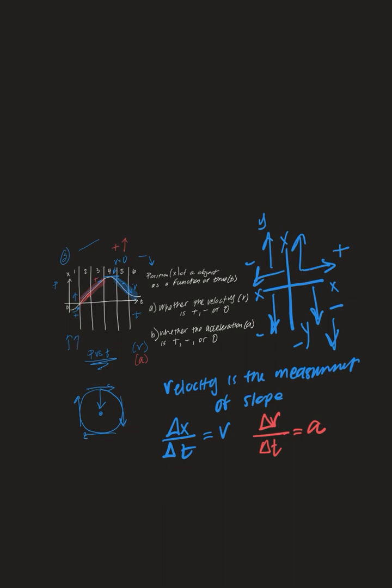Now, if the velocity is negative, which shows in region 5, the acceleration is still positive because it's traveling this way. Let me put in yellow. It's traveling this way, which is positive.